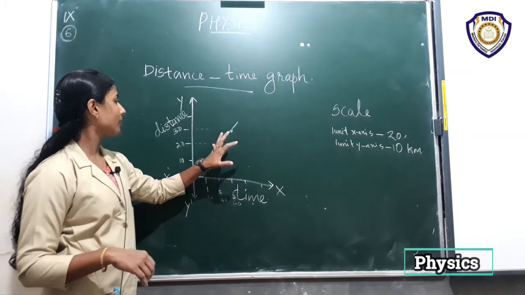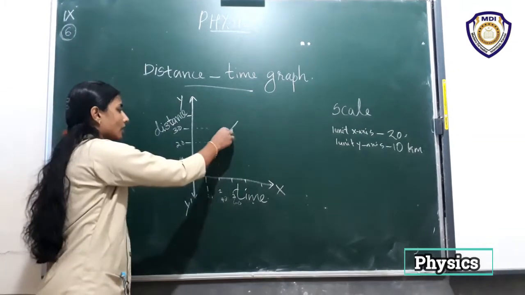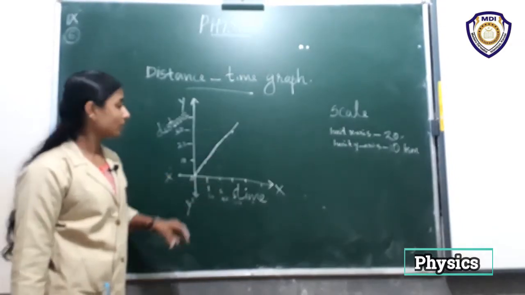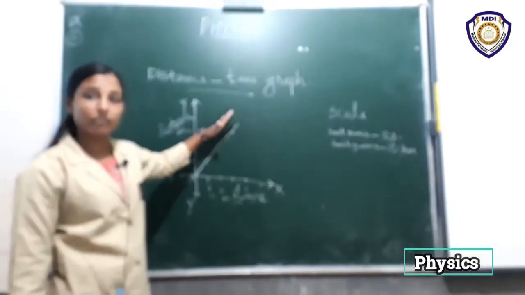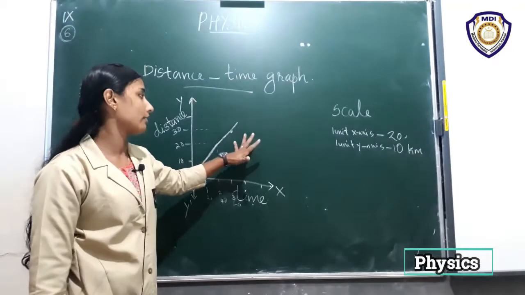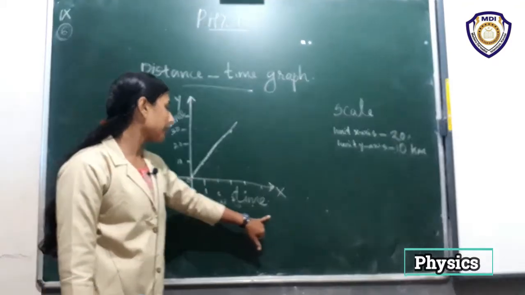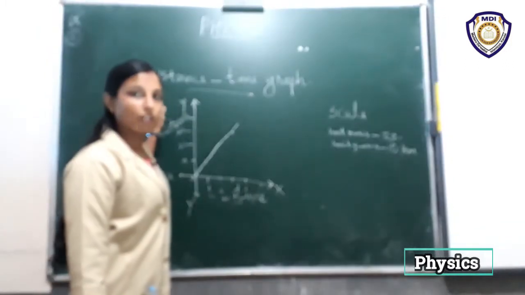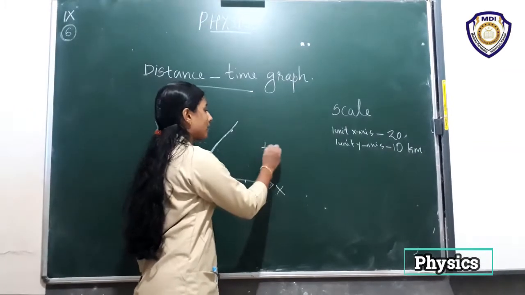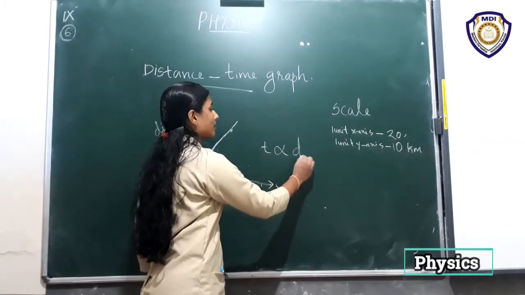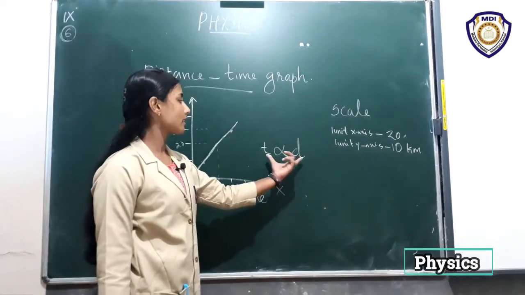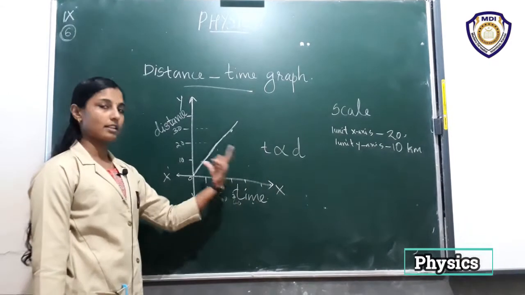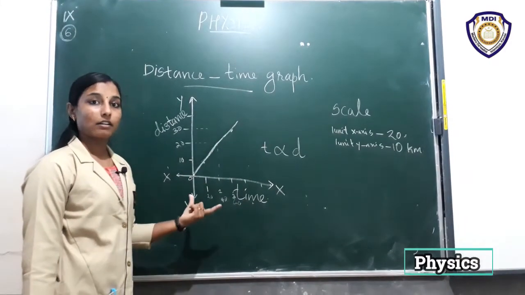So the graph is a straight line graph, right? That means as the time increases, the distance also increases. So we can say the time and the distance are directly proportional, right? As the time increases, the distance also increases equally.